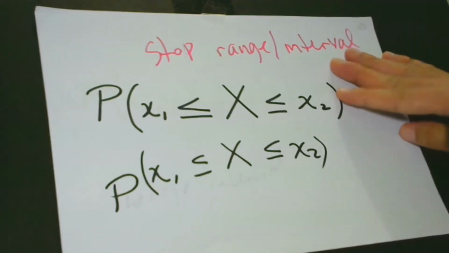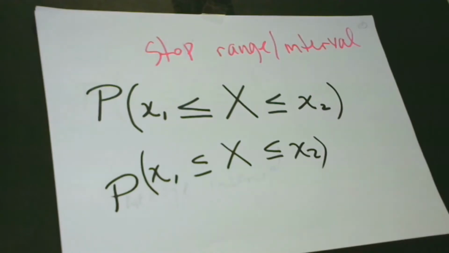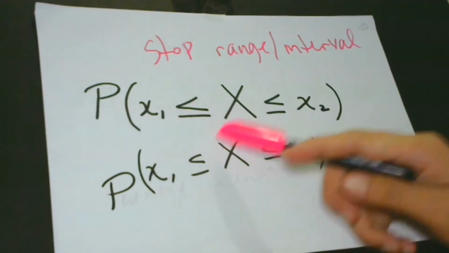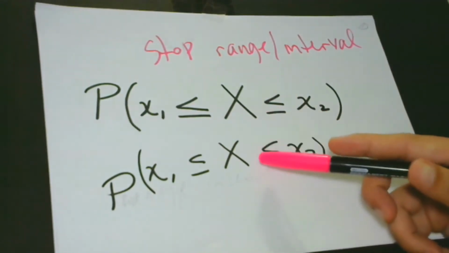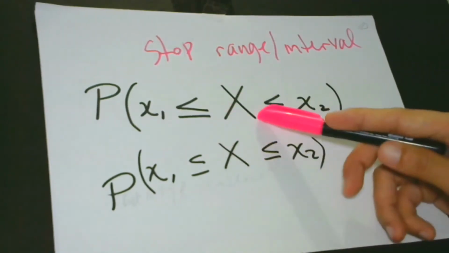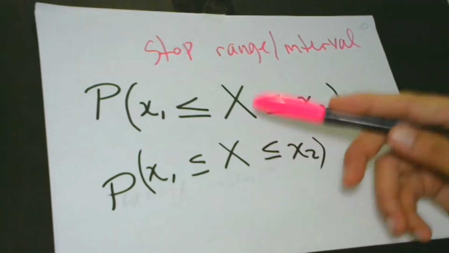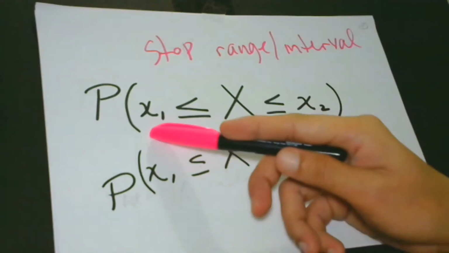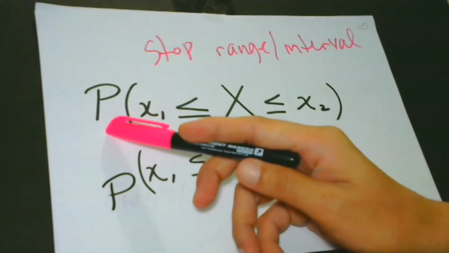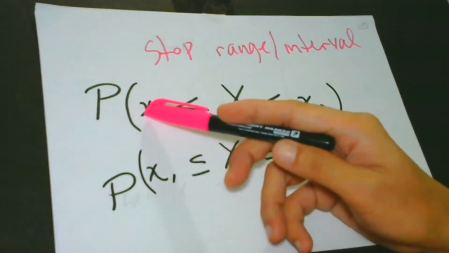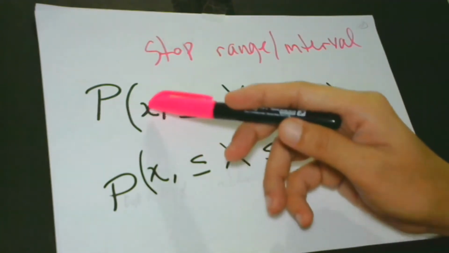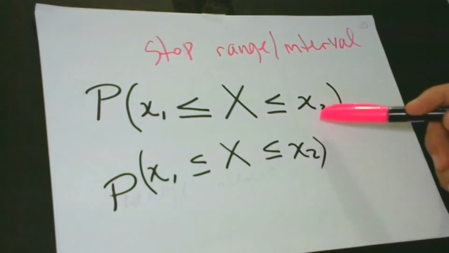So what this means is that, for example, considering a random variable x, okay, so we have here x, which can have any value between minus infinity and infinity. So we can do the probability of x within minus infinity to infinity.